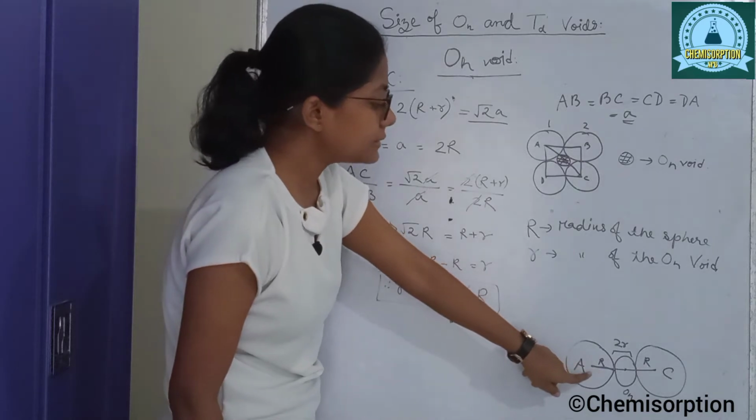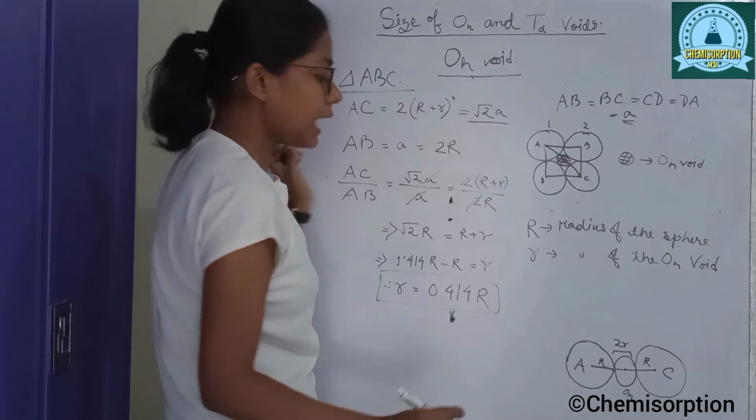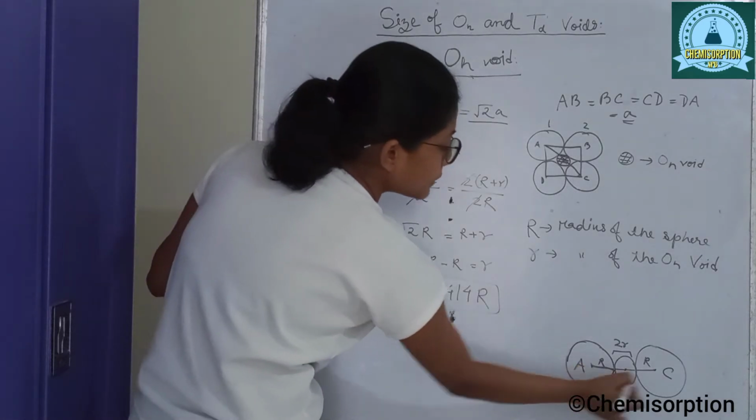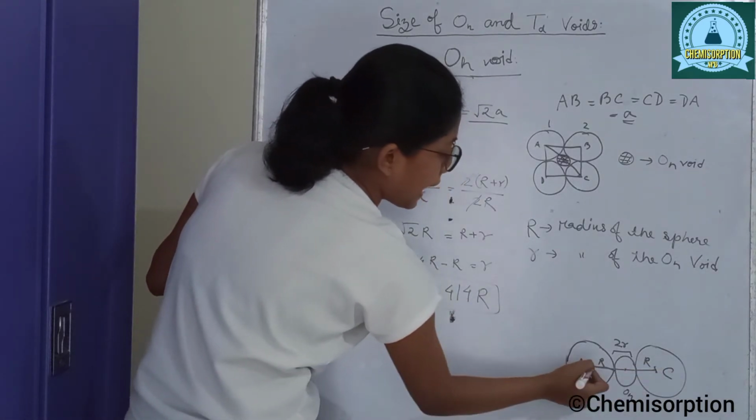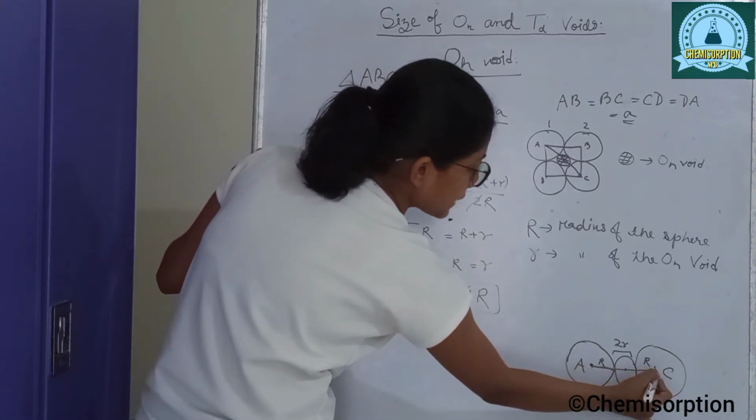Again, AC is equal to twice R plus R. How do we get it? We get it from this diagram, right? A is the center of this sphere, C is the center of this sphere.